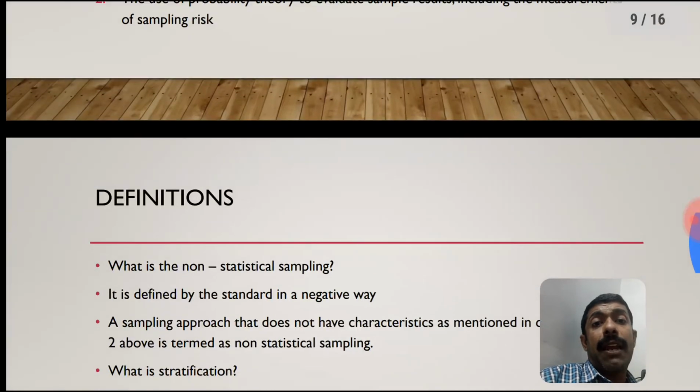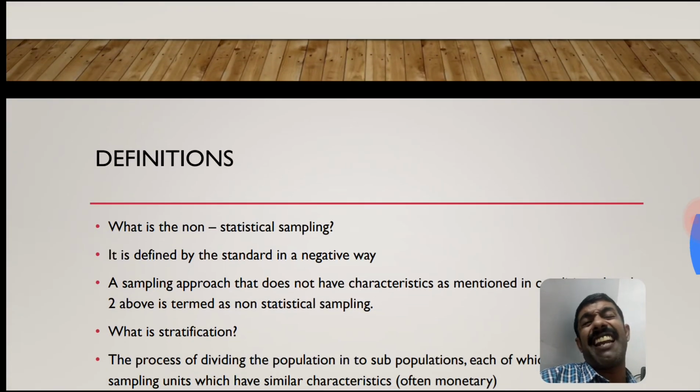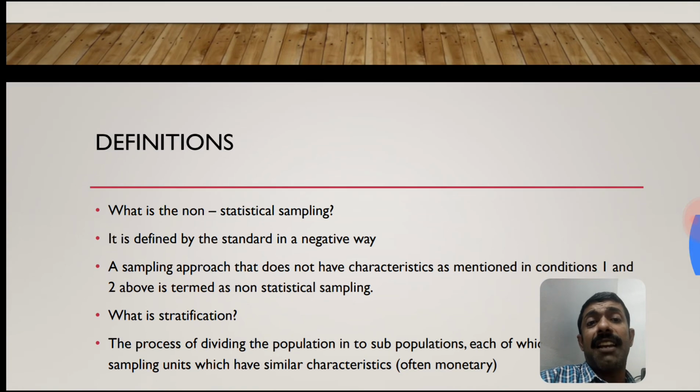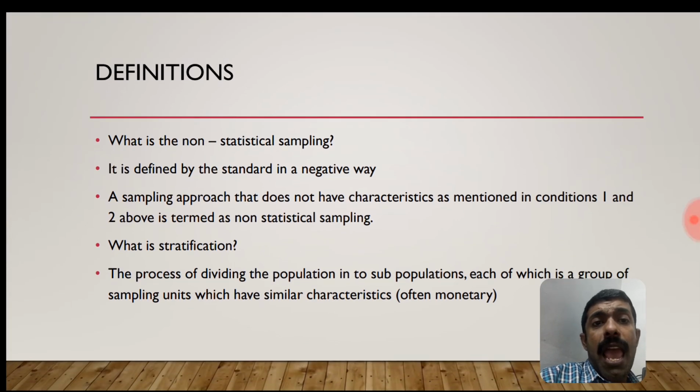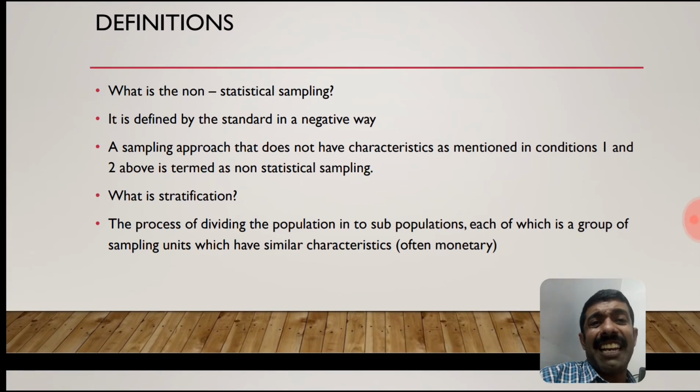And non-statistical sampling is defined in a negative way: a sampling approach that does not have the characteristics mentioned in conditions 1 and 2 above is called non-statistical sampling. What is stratification? The process of dividing the population into subpopulations, each of which is a group of sampling units which have similar characteristics. It's a subunit of the main population.